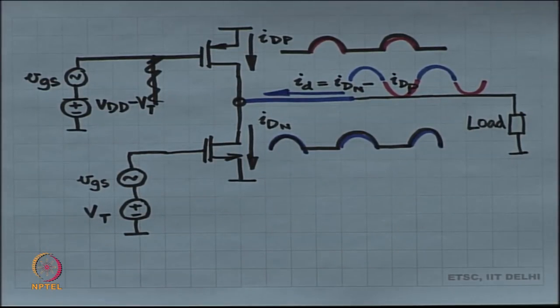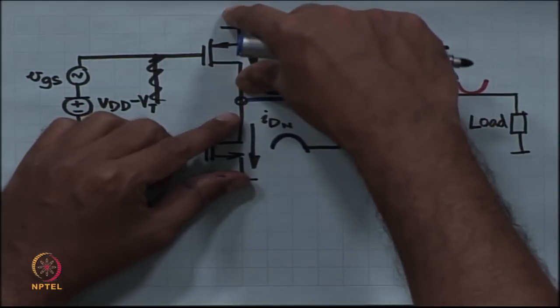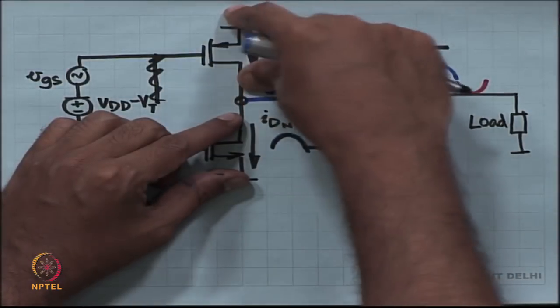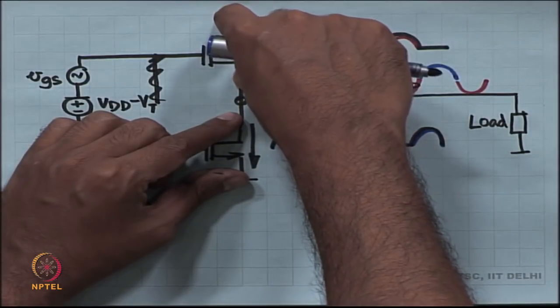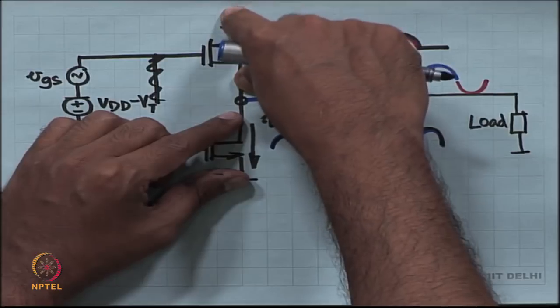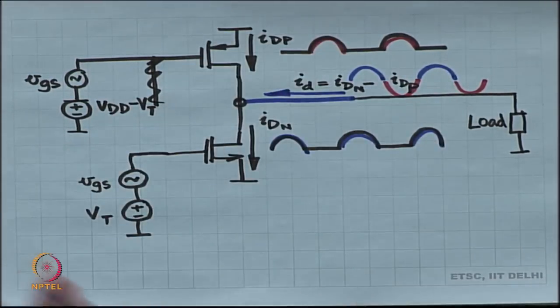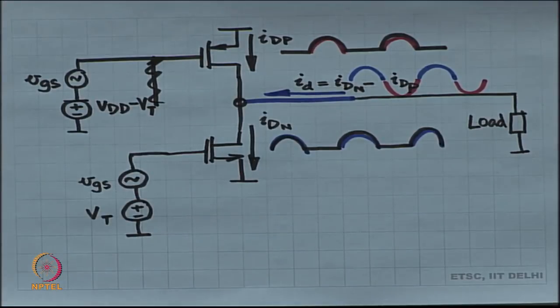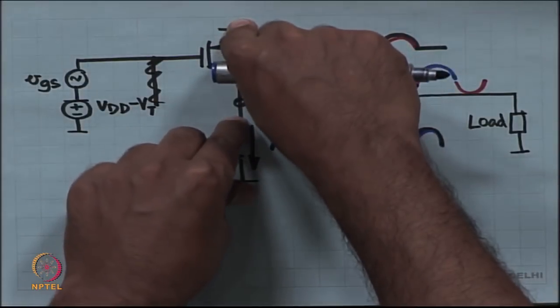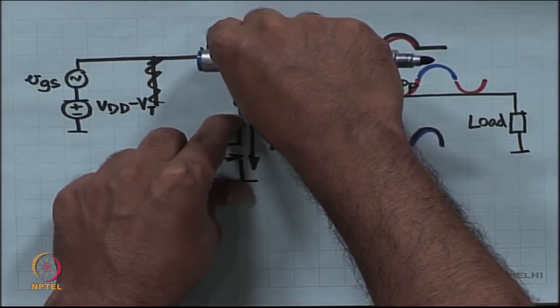All right. When I do that, I get both of these MOSFETs are operating with a conduction angle of 180 degrees, pi. Pi is the conduction angle. Both of them are class B. Okay. Both of the MOSFETs are operating in class B. Is that okay?